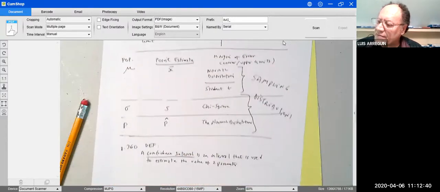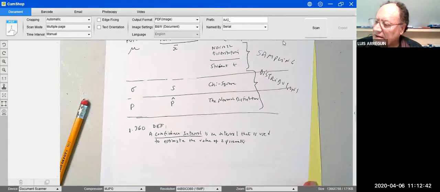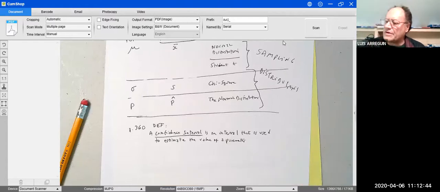But we need to attach a degree of certainty to every confidence interval. We can say any number as a lower limit and any number as an upper limit, but that is not the way that we need to work. We need to attach a degree of certainty, a number that is going to tell something about that confidence interval. So that's the next definition.